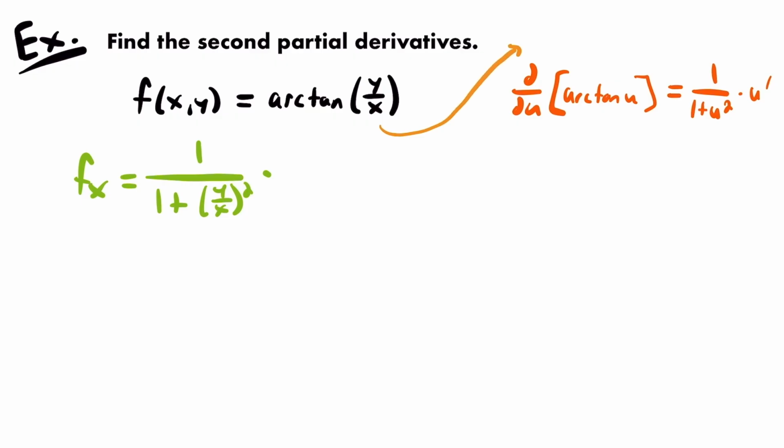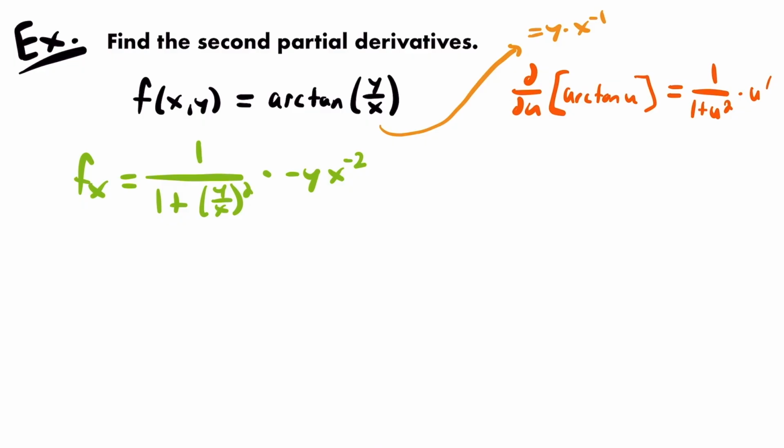Remember that y divided by x would be the same as y times x to the power of negative 1. You can move x to the numerator by making its power negative, and then we're just treating y as a constant, so you can take the derivative here by using the power rule for derivatives. Just multiply that negative 1 down and subtract 1 from the exponent. So the derivative here would be negative y times x to the power of negative 2.